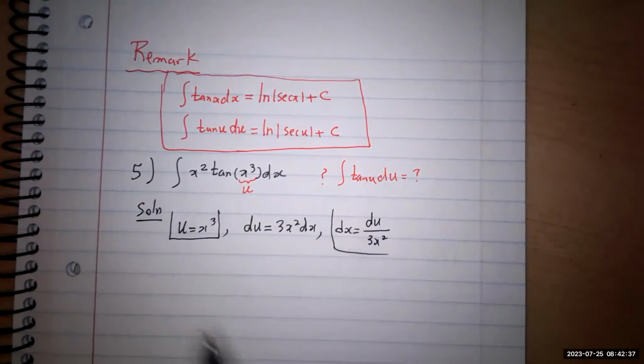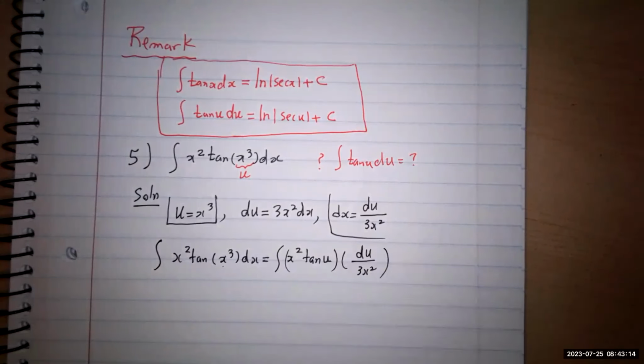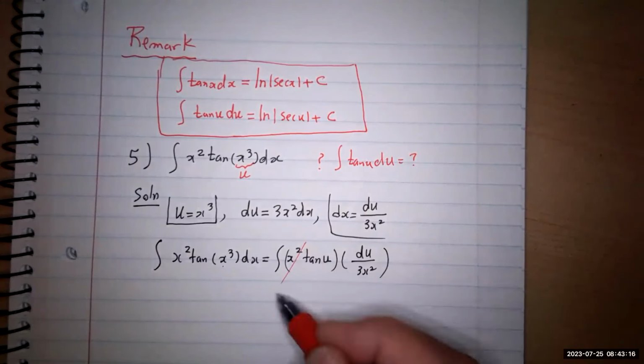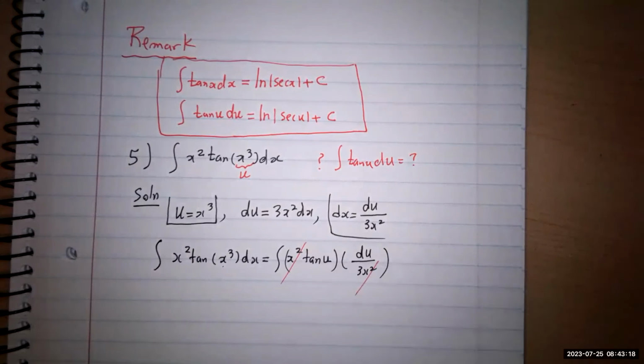It's going to be tangent of u, but you have to multiply by dx, so it's times du over 3x squared. The x squared and x squared cancel out. Left over is 1/3, so put it out. That gives you 1/3 the integral of tan u du, as you predicted.